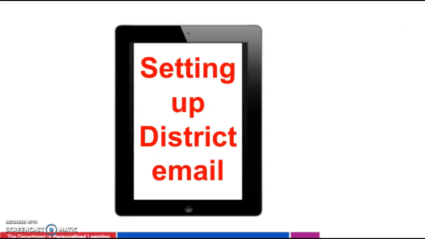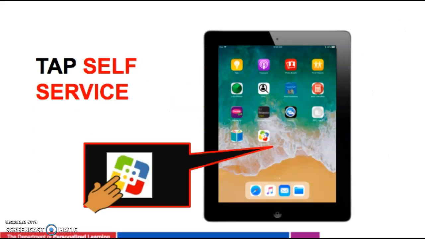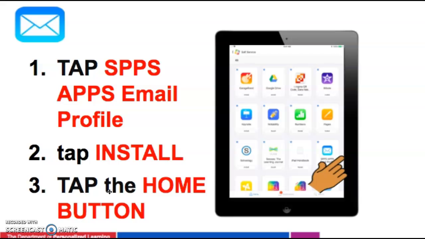So, here we go. You're going to tap the icon that says Self Service, and it looks like this. That is your first step. The second step is, or next, you're going to tap on SPPS Apps, and you're going to look for the email profile, and you are going to tap install.